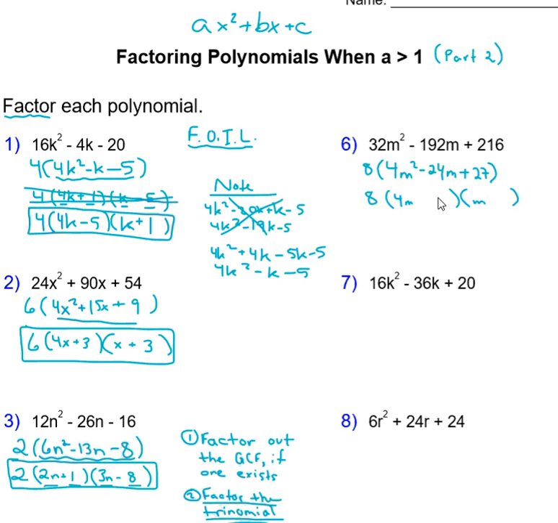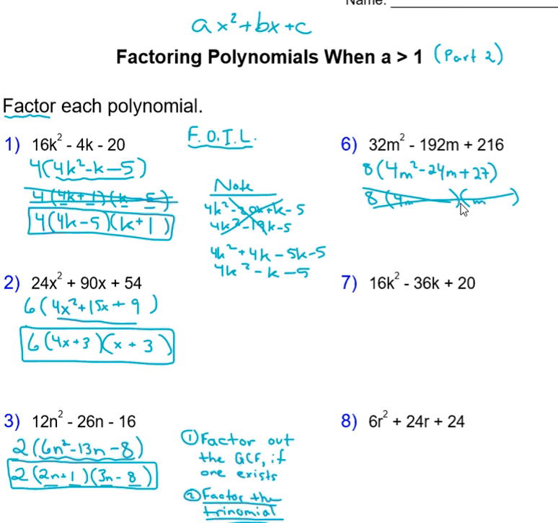Let's go with, if there was a 1 and 27, that's not going to be a negative 24. 3 and 9, no. 1 and 27, that won't give me the 24, so no. So this one does not work.